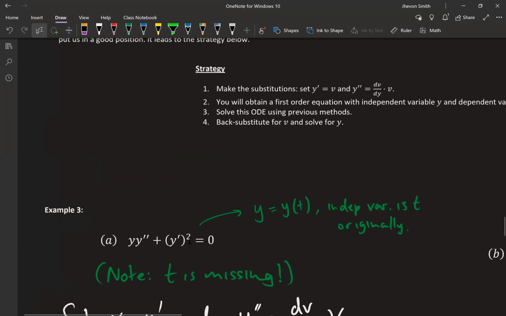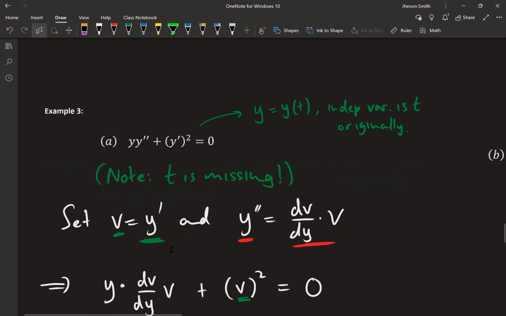Okay. So here we have an equation where the independent variable is missing. What I can do is set v equals y prime. Y double prime is going to be equal to dv/dy times v. And that follows by the chain rule. Let me rewrite the double prime here. By the chain rule, we can get that.